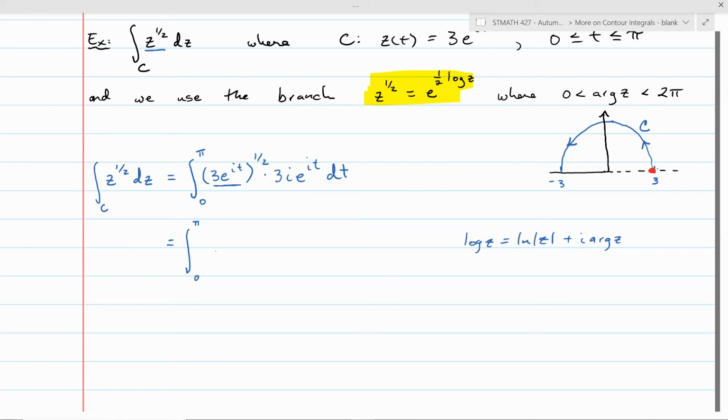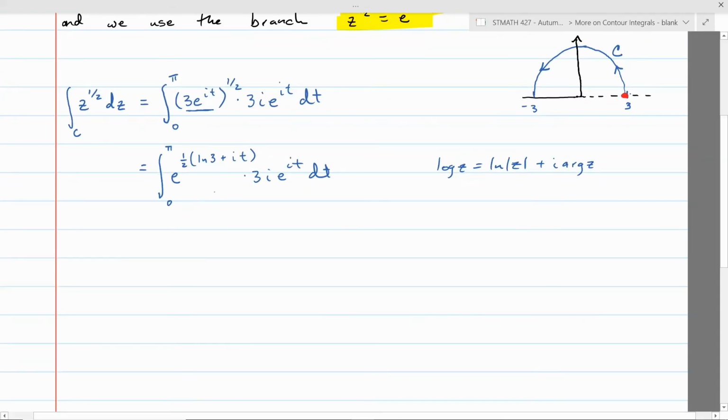Its argument is t. So this ends up being e to the 1/2 times natural log of 3 plus i times arg, which is just i times t. And then that's still multiplied times 3i e^(it) dt.